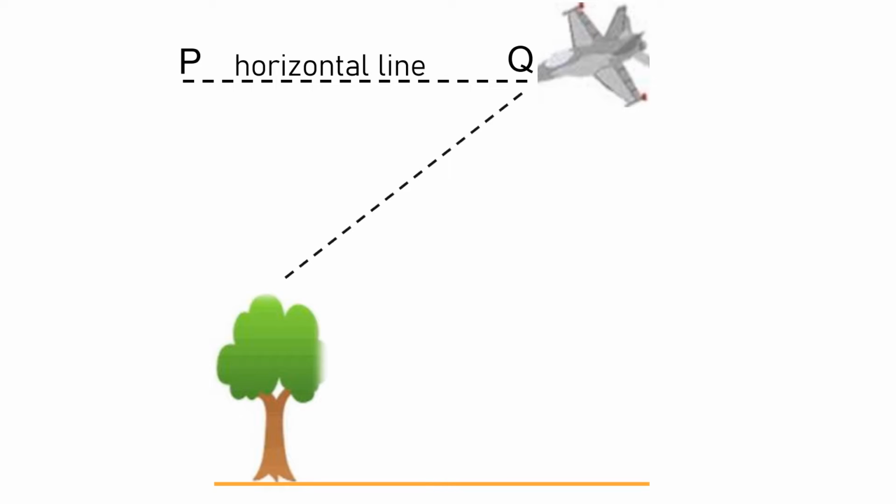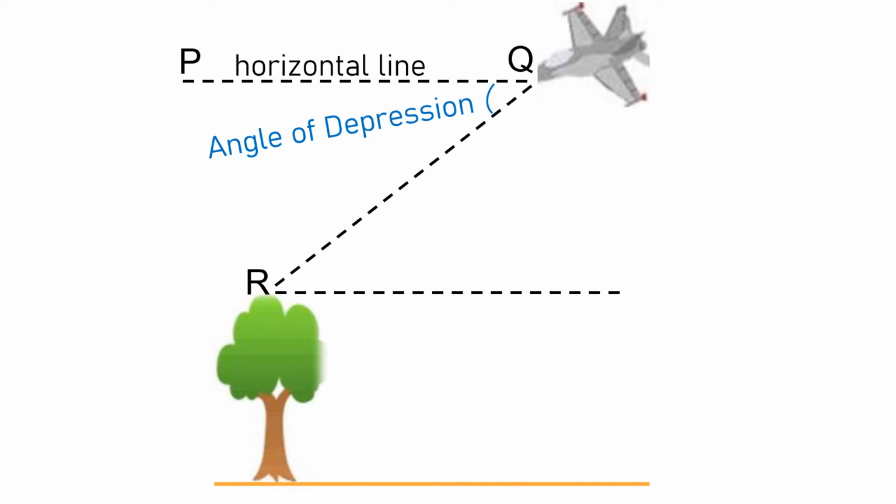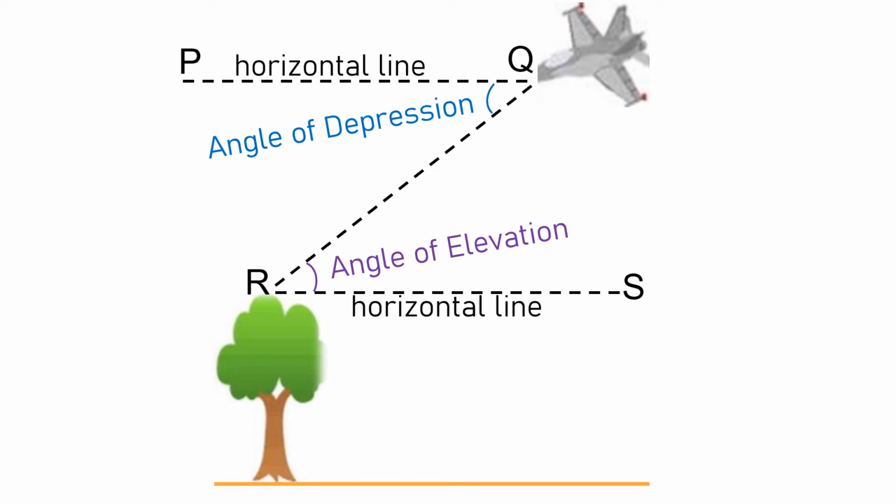So supposing an airplane passes by, this angle is the angle of depression, but this angle is the angle of elevation. So take note that the angle of depression is equal to the angle of elevation.